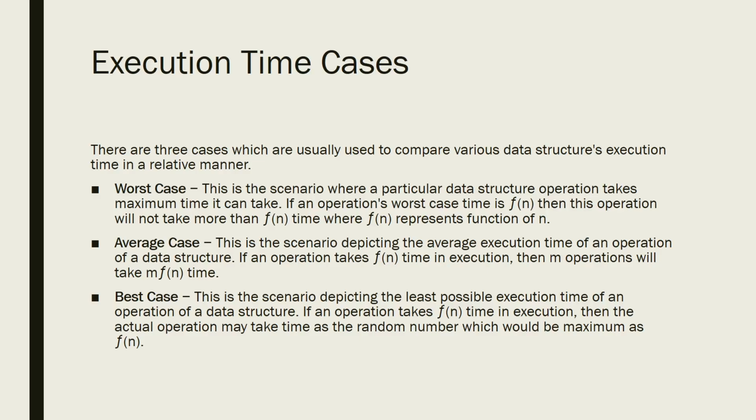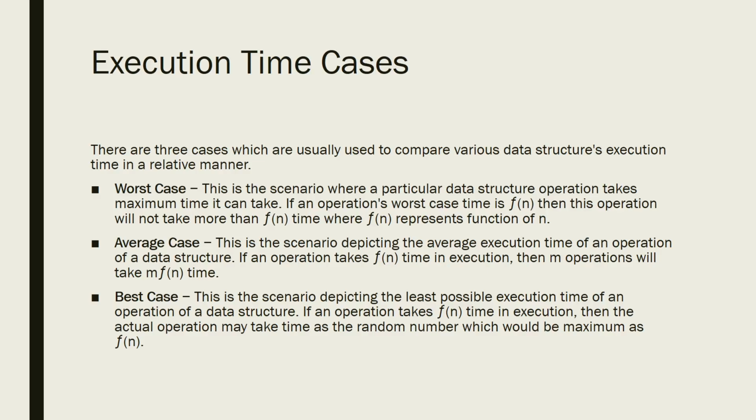For the worst case, this is the scenario where a particular data structure operation takes the maximum time. If an operation's worst case time is f of n, this operation will take no more than f of n time, where f of n represents a function of n. The average case is the scenario depicting the average execution time of an operation of a data structure.